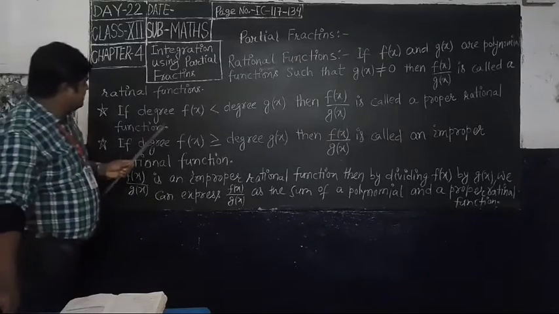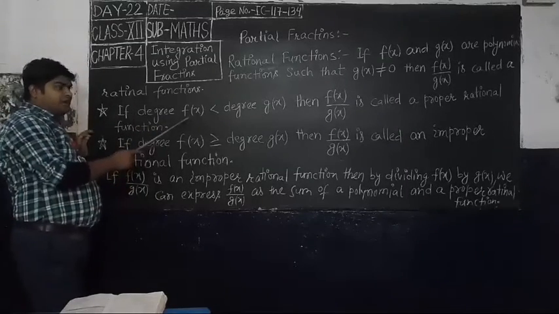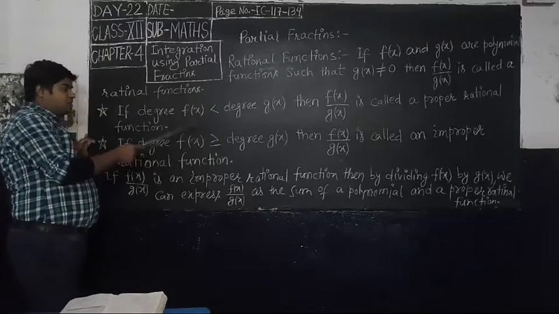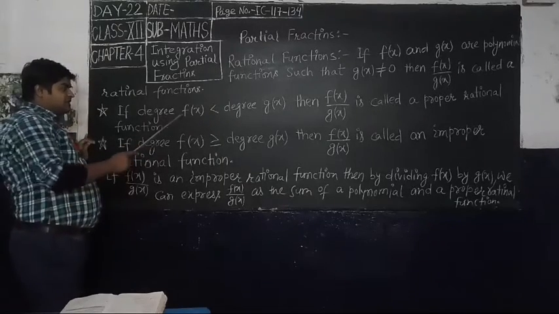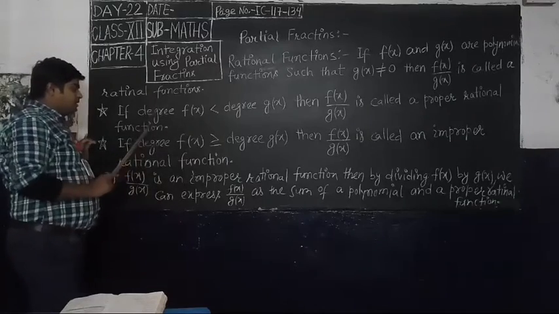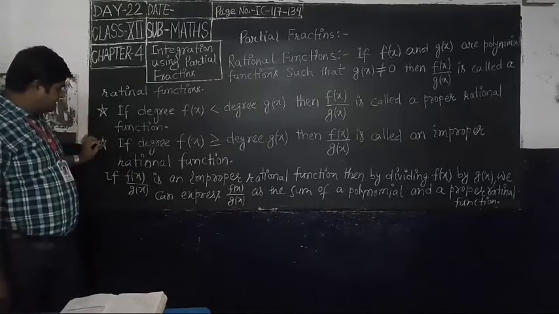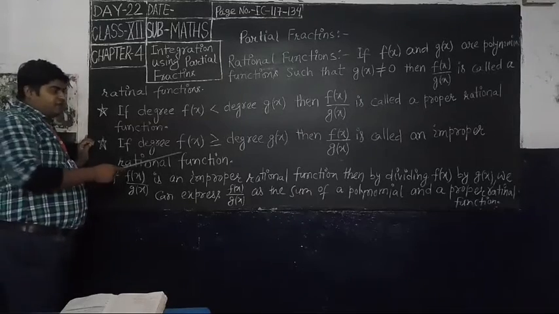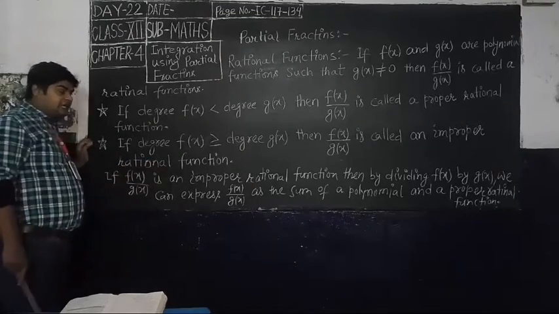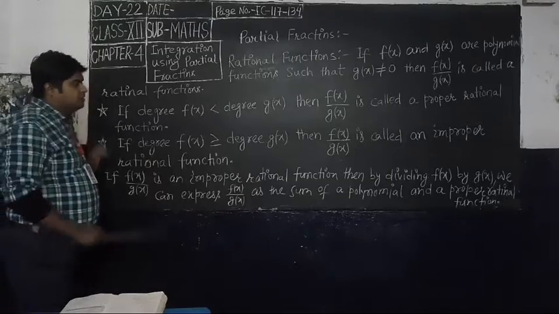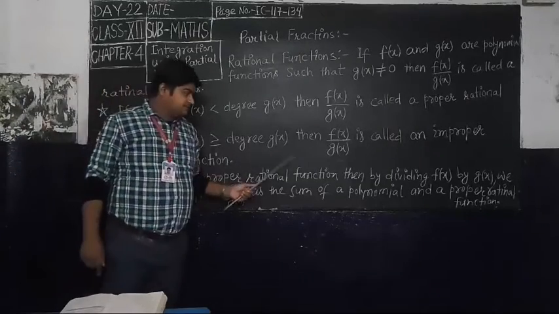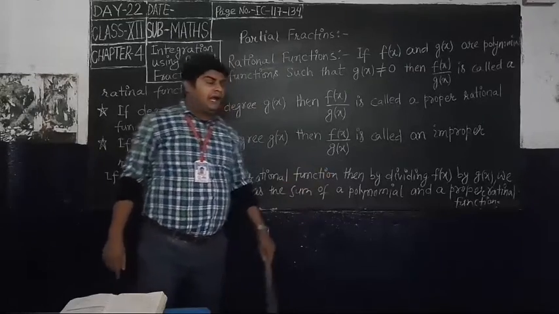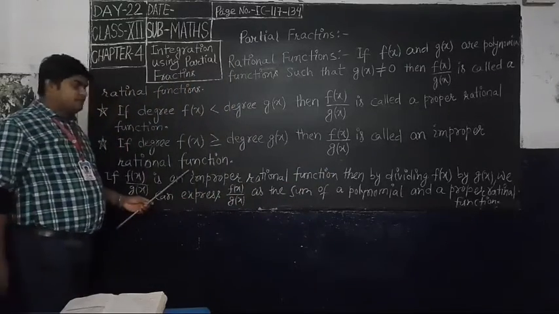That means when you divide a quadratic polynomial by a cubic polynomial, this function is known as a proper rational function. And vice versa, if the degree of f of x is greater than or equal to the degree of g of x, then f of x by g of x is called an improper rational function.